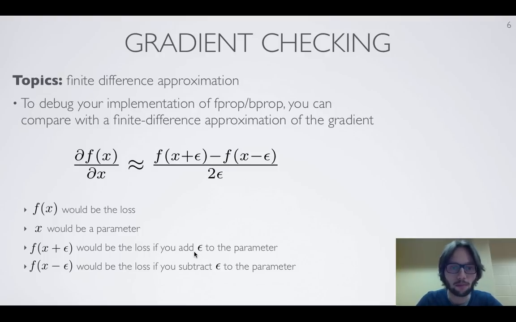Now, whenever we implement backpropagation and the computation of really any gradient, it's always a good idea to verify whether we haven't introduced any bugs in our implementation. And one approach for doing that, which is often used, is to compare with a finite difference approximation of the gradient.